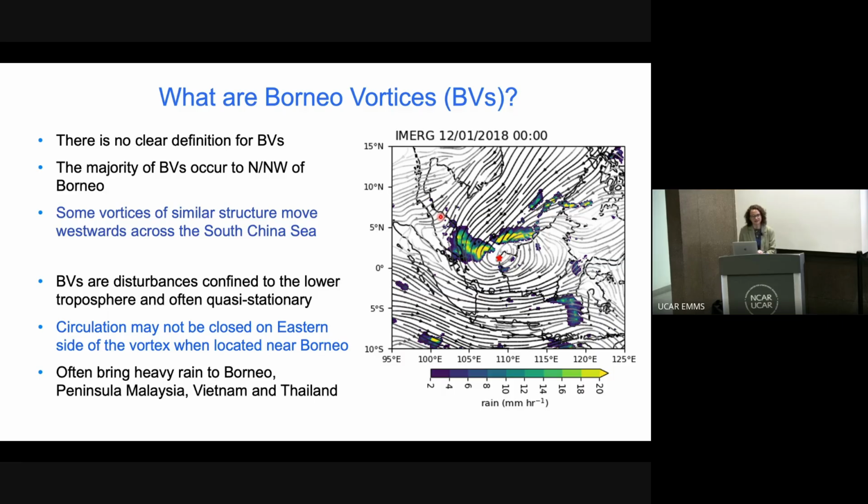Generally speaking, they are vortices confined to the lower part of the troposphere, and they often are quasi-stationary. But if they're located close to Borneo, as in this example, their circulation doesn't have to be closed on the eastern side over Borneo. We care about Borneo vortices because they bring heavy precipitation to Peninsular Malaysia, to southern parts of Vietnam, and to Thailand, and of course to Borneo itself.